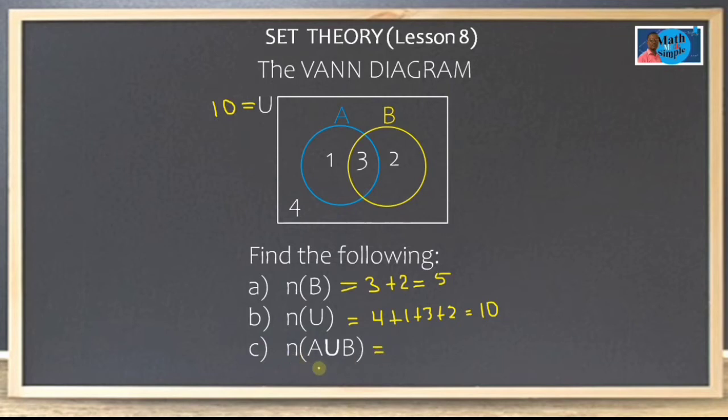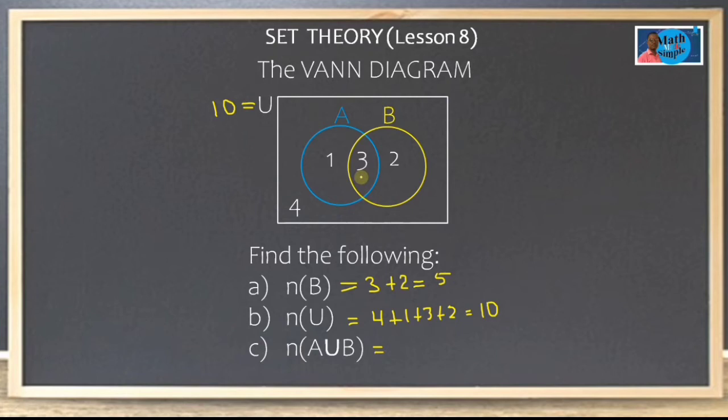Then for the number of members in A union B, set A has 4 members and set B has 5 members. So you could be tempted to say 4 plus 5 is 9. But no, it's not that, because we have 3 members here that are common to both sets.